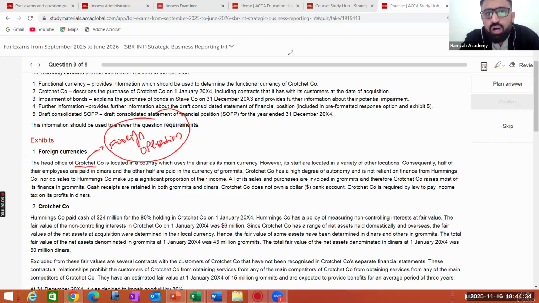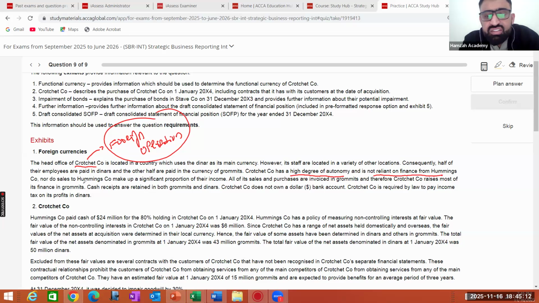In that case, our conclusion would be that the functional currency of the Hummings company will be the functional currency of the C company, and that would be dollar. But here it is not possible, because if you read the question, it is mentioned that the C company has a high degree of autonomy. It's not reliant on finance from H company, nor are the sales between the Hummings company and the C company of significant value.